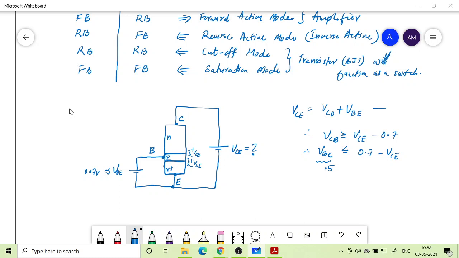If I take it as 0.5, that means 0.5 equals 0.7 minus VCE. From this we get that VCE should be greater than, if I take this to the other side it will become minus 0.2, and then I multiply with the minus sign, VCE greater than 0.2 volts.